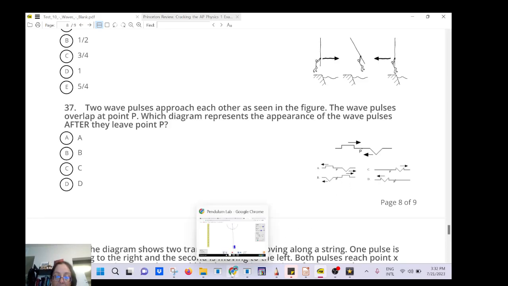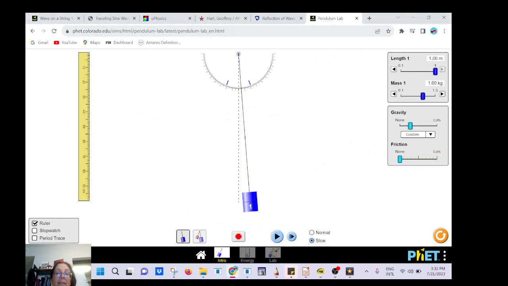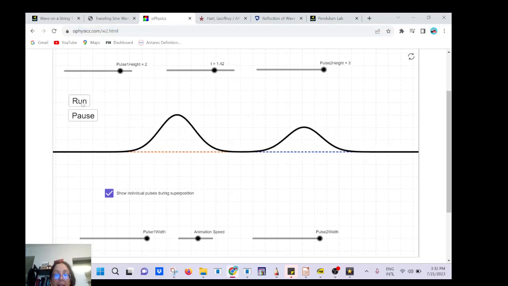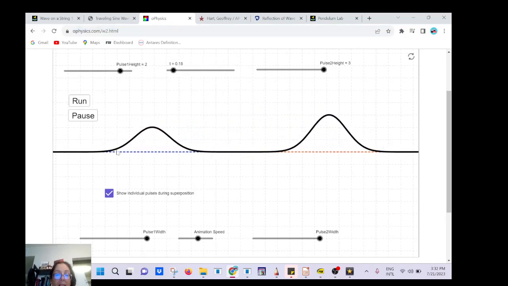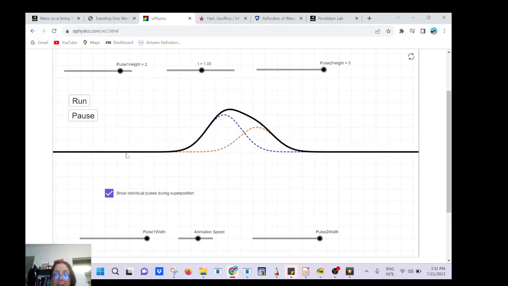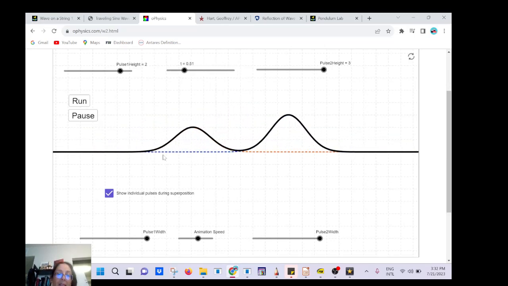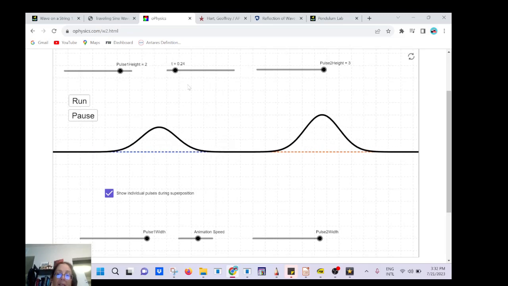So I found yet another website here. You can see that you have two waves here. They're going to interact with each other, and then retain exactly the same shape, and they are being reflected here. So maybe I can do something like this.